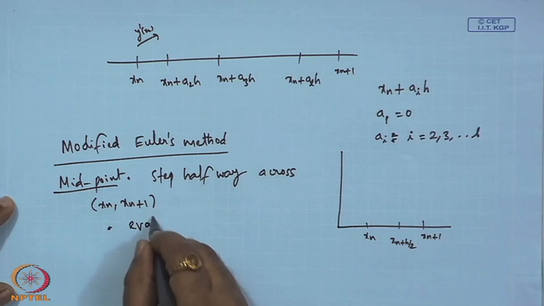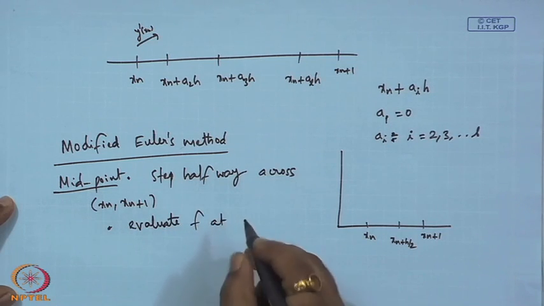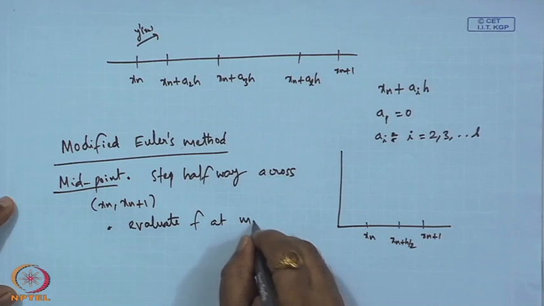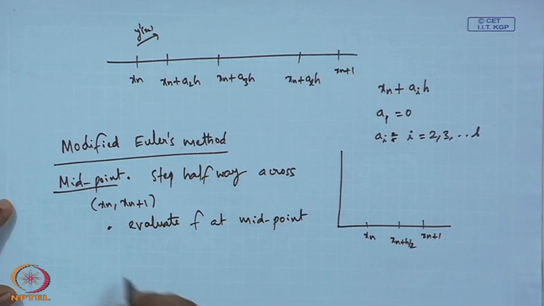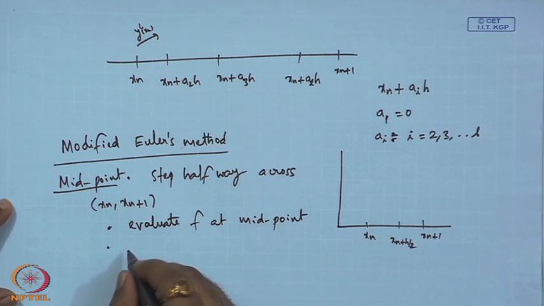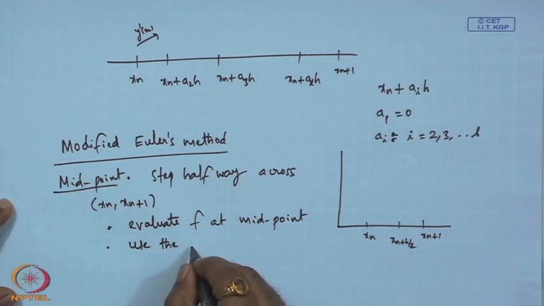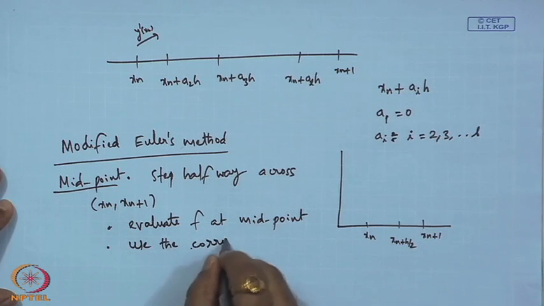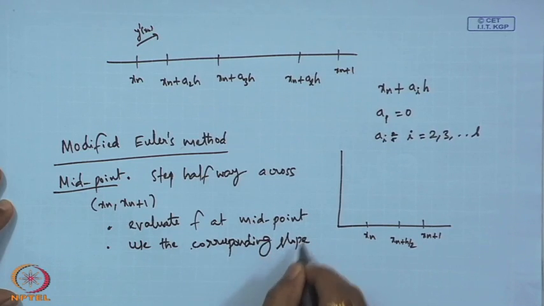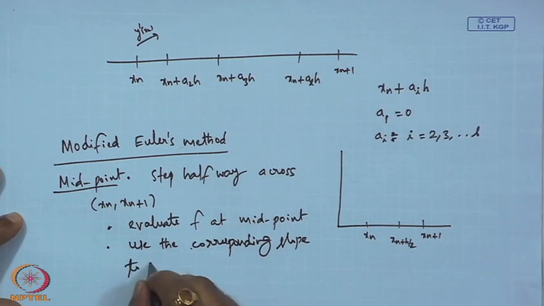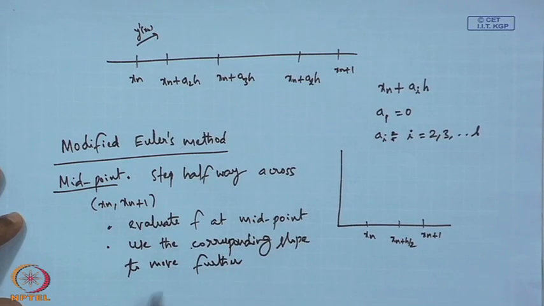Then evaluate f at the midpoint, then use the corresponding slope to move further.